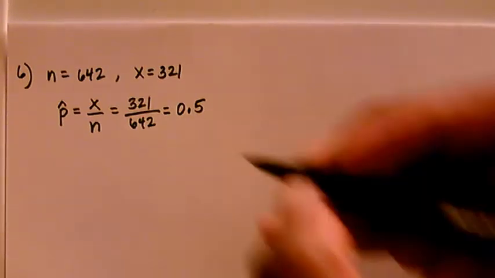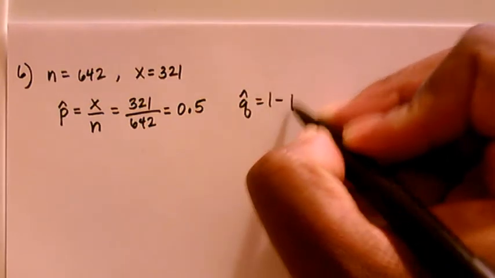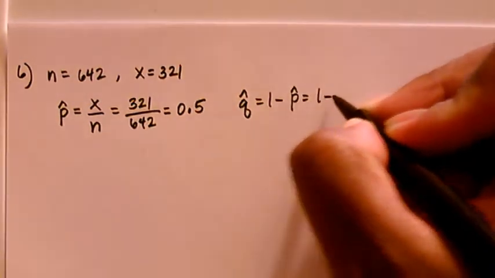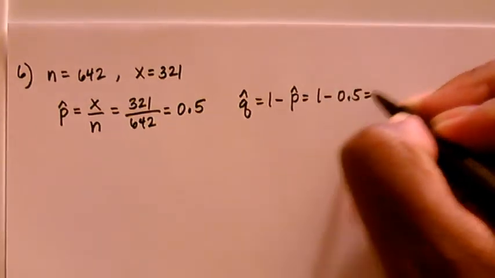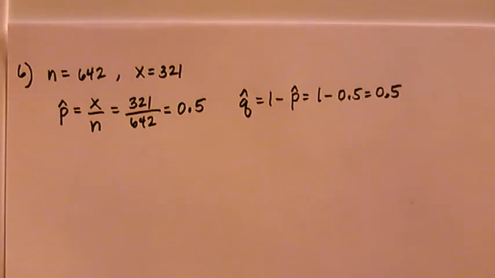Well, if P hat is equal to 0.5, then Q hat, that's simply 1 minus P hat, or 1 minus 0.5, which is 0.5. Because Q hat is the complement of P hat.